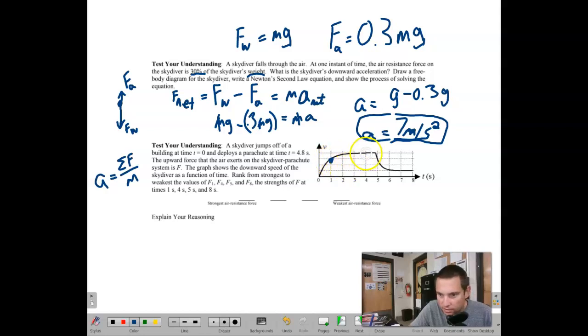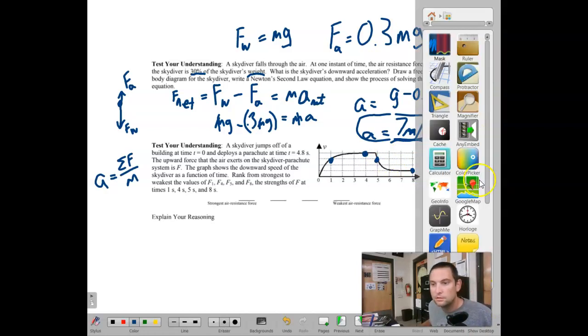At 4 seconds, here, how are we going to get acceleration from a velocity versus time graph? 5 seconds. And finally, 8 seconds. How are we going to get acceleration? Right.